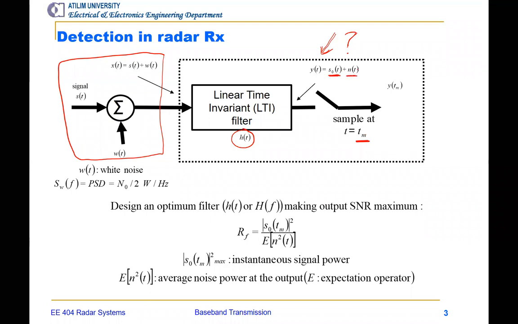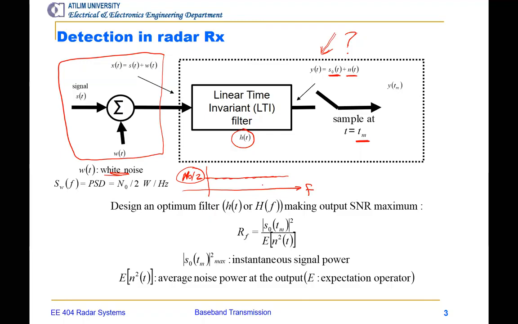Now about the noise, this is usually modeled as white noise, which means that the power of the noise is constant over the frequency. So whatever the operating frequency we have, we always get the same noise power. And that's called white noise.